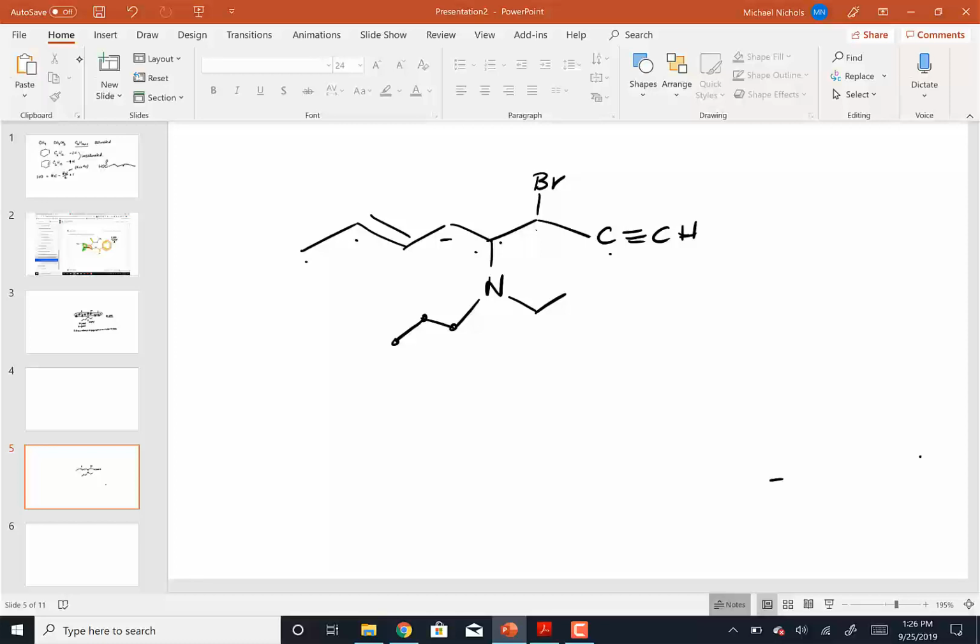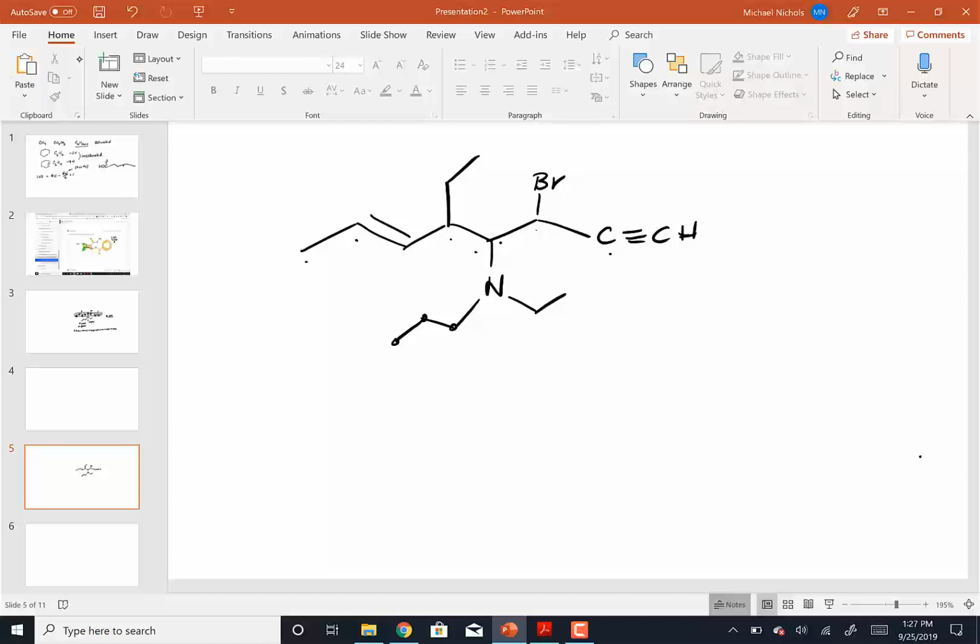What I would like to do is add an ethyl group somewhere in this molecule so that there's an ethyl group attached to nitrogen and an ethyl group not attached to nitrogen. So how about I do this? Same molecule, only I'm going to add another ethyl group to show you how you would handle this situation.